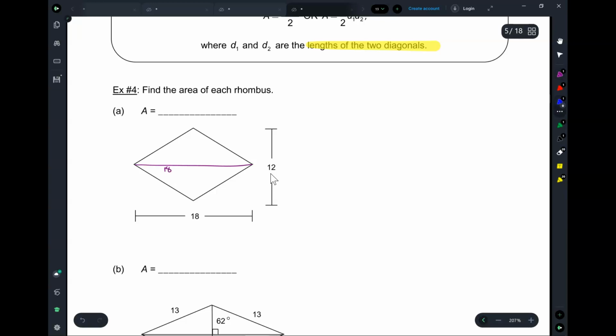And this 12 is the length of this diagonal. You don't have to draw it again, but that's basically what it is, right? So that's d1 and d2. And the area is half d1 times d2. Does the order matter? No. Okay, the order does not matter. And this is 108.